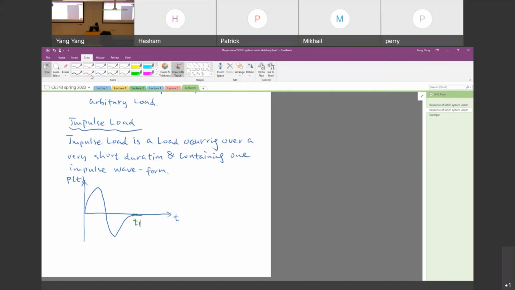So basically, there are two phases. Phase one is from 0 to the time where the impulse load becomes 0. This is phase 1, and after that, this is phase 2.